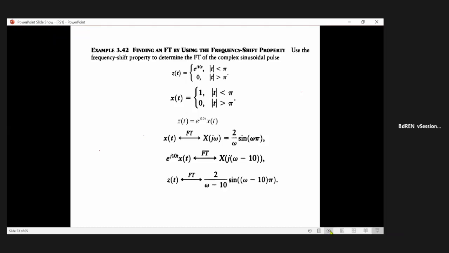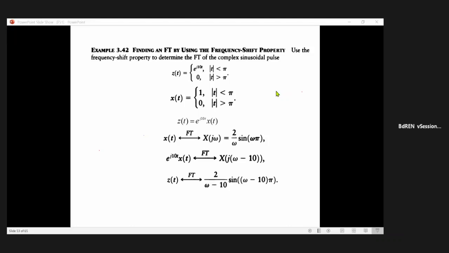Consider this: how will it help us find the Fourier transform using the frequency shift property? Consider we have a signal x(t), defined in the time domain from minus pi to pi, and another signal z(t).